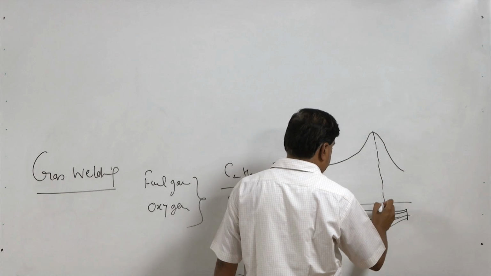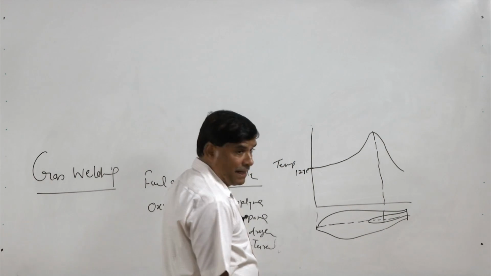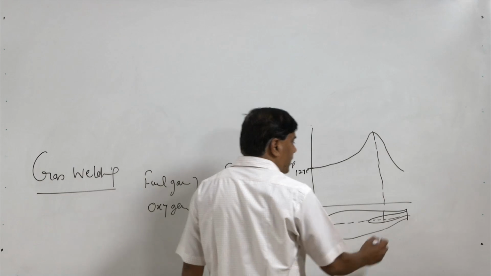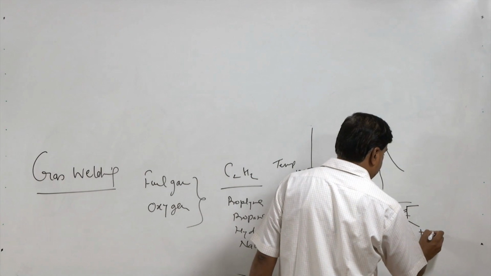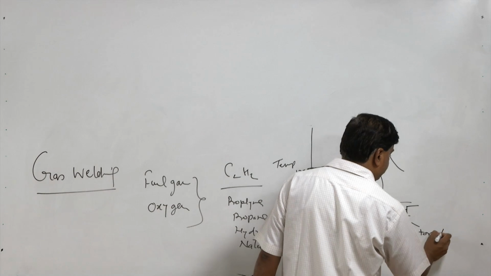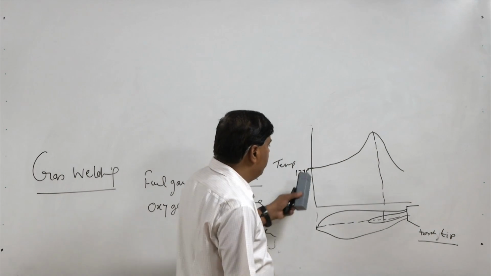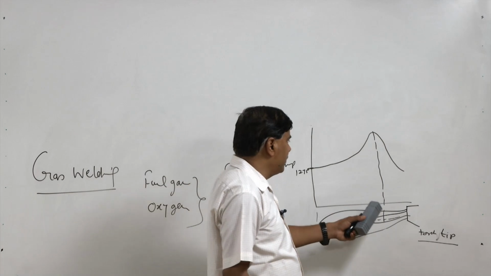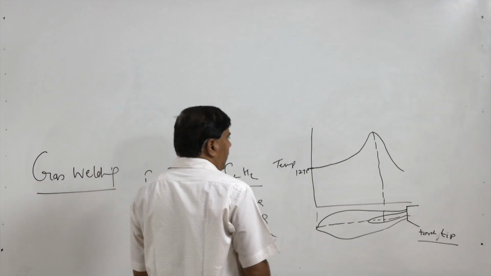So, the temperature somewhere in the middle of the inner cone is found to be maximum. This side we have the torch tip. So, peak temperature occurs in the inner flame somewhere in the middle of the inner cone.